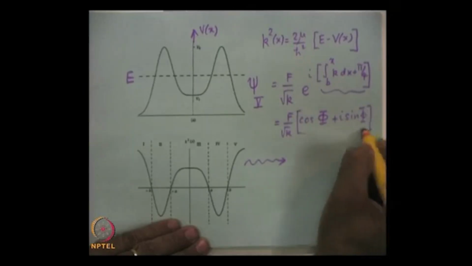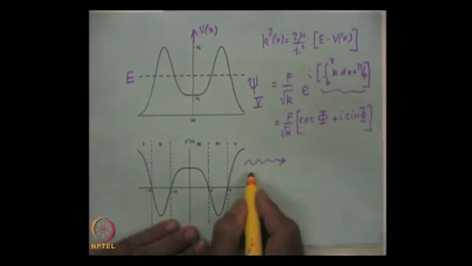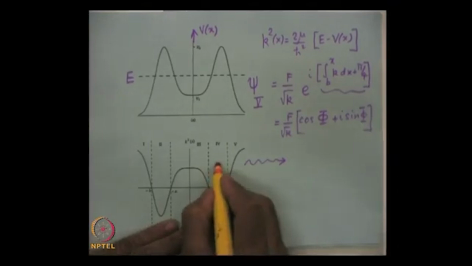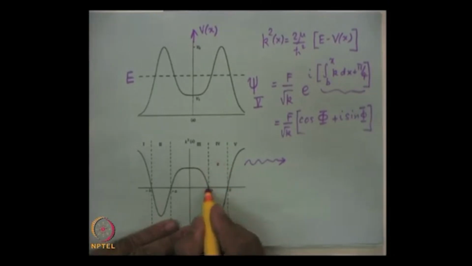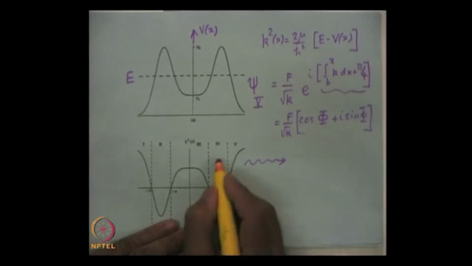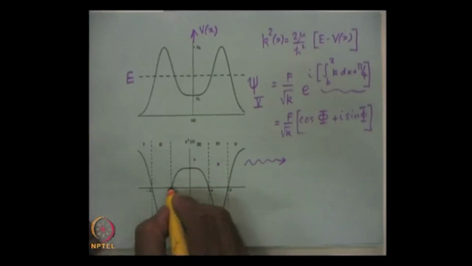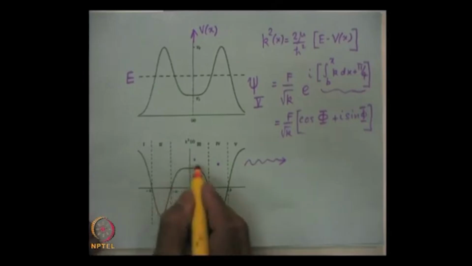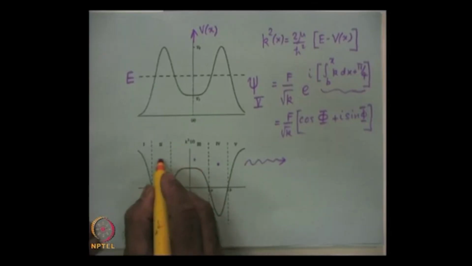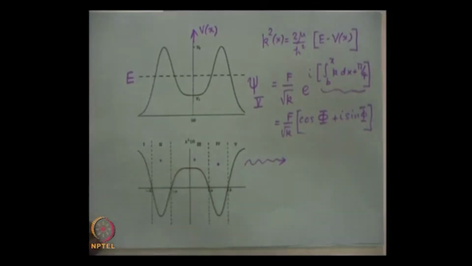And then use connection formulae to go to region 4. Then we look towards the turning point a, and go over to region 3, and then we look to turning point minus a, and then use the connection formulae to get to region 2 and then to region 1.